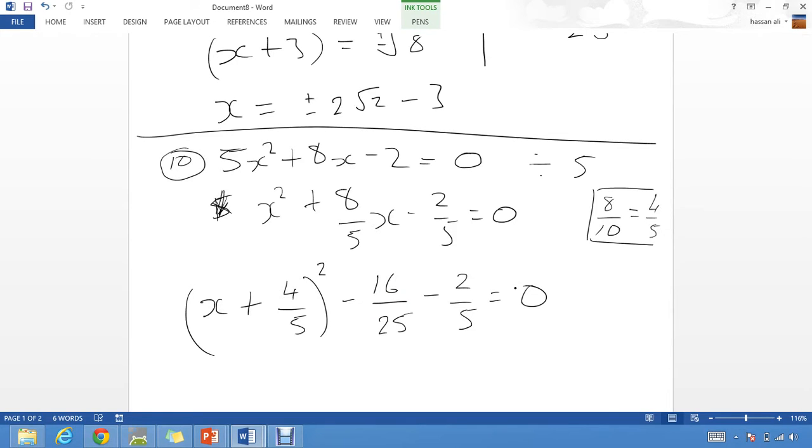So you've got 16 over 25 minus 2 over 5, and that will give you 26 over 25. So that will give us minus 26 over 25, equal to 0.